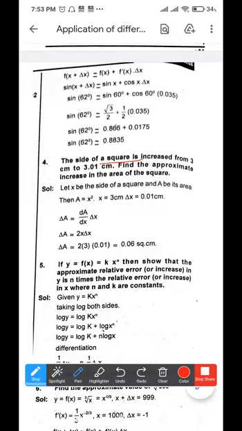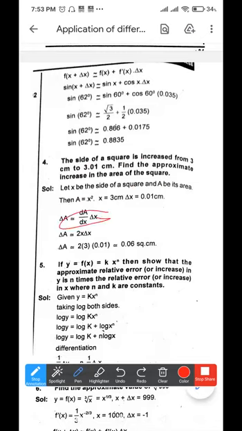Okay, in this square, the area of a square is x squared. So delta x, the change in the side, is 0.01. 3.01 minus 3 is 0.01.